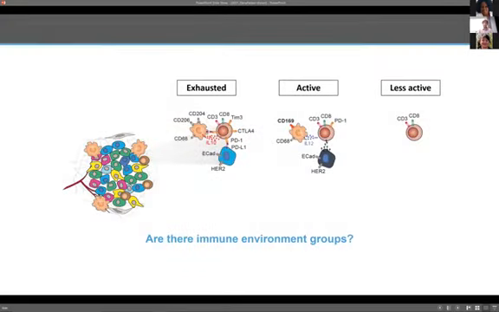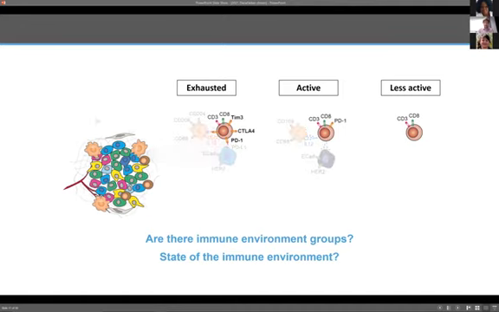Then we also wanted to know whether we can find immune environment groups and what the overall state of the immune environment is across this whole patient cohort. I will now only show you results that we found for the T cells. We also did an in-depth analysis of macrophages, but due to time reasons, I will only talk about the T cells.